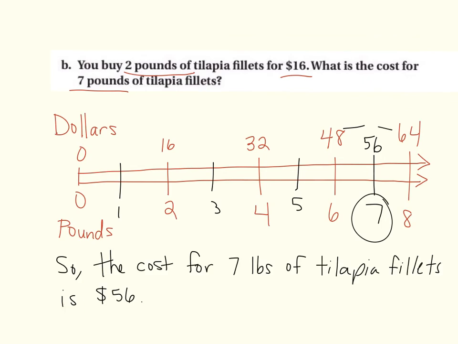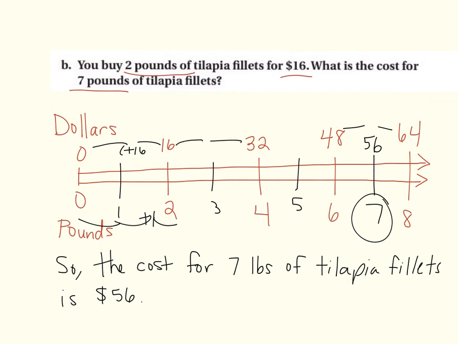Just to make sure you're clear on how we got that, to get from 0 to 16, when we start looking at relationships, we added $16. And then down here, we added 1 extra pound, but then from here it was 2 extra pounds. So check and see what relationship you're looking for.